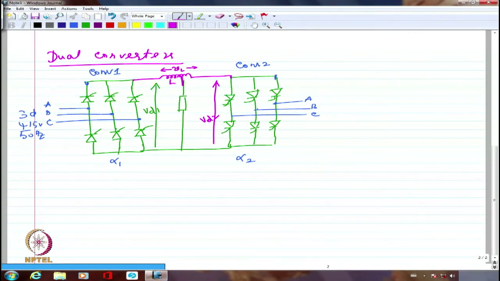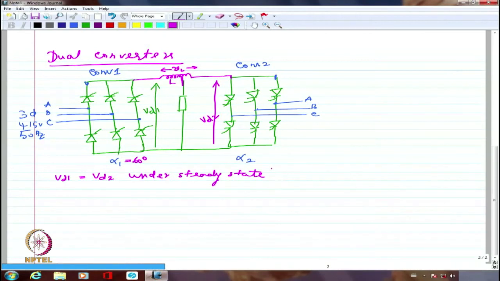So we drew the waveform last time for alpha 1, which is coming out to be 60, but we also said that we want VD1 equal to VD2 under steady state condition, so that the circulating current does not become too much. Between the two converters, I don't want huge amount of circulating current coming up.